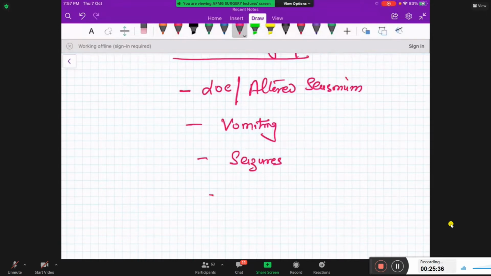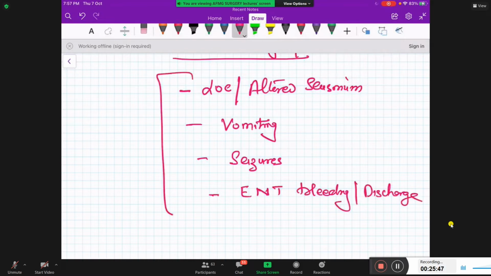And the patient will have ear, nose, or throat bleeding or discharge. These are the cardinal symptoms of head injury. If these are there, you can presume that the patient has a head injury.